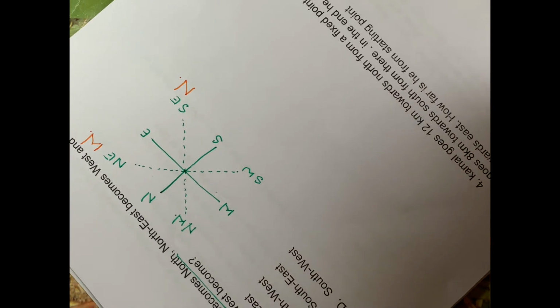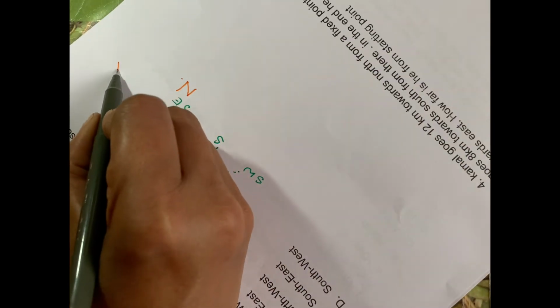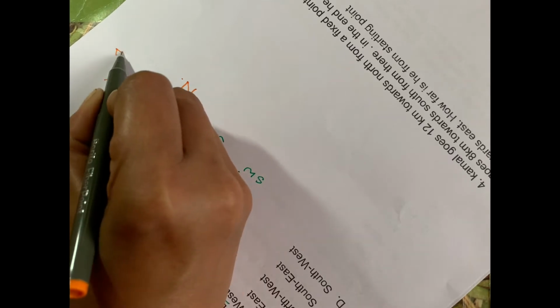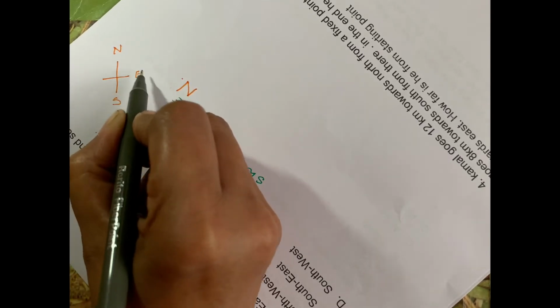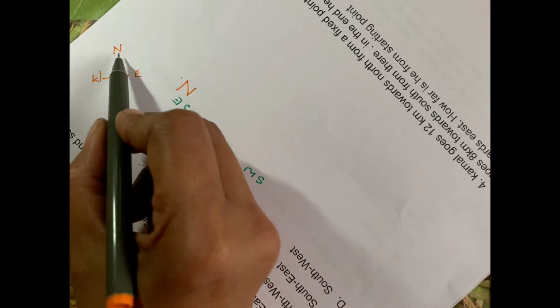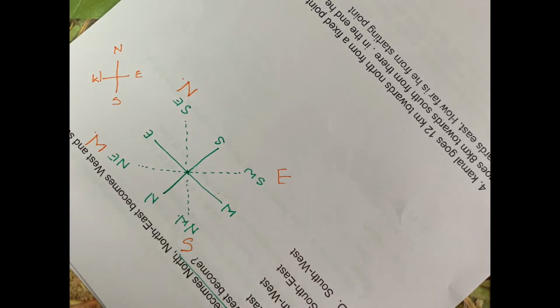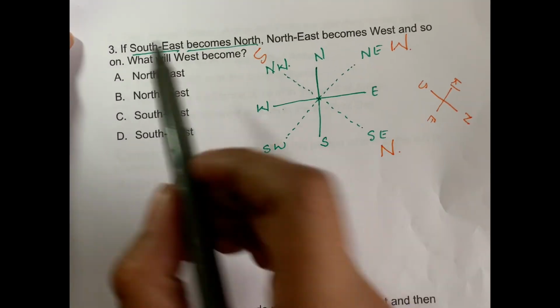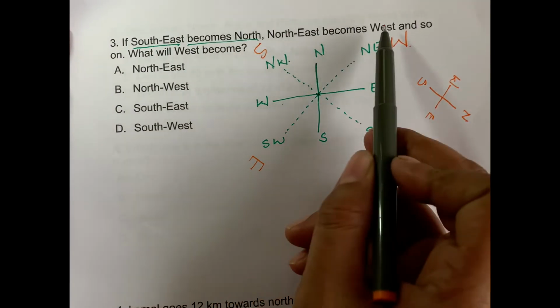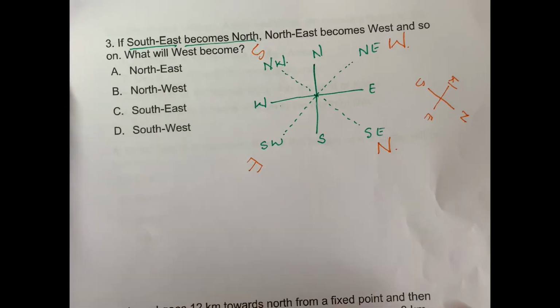Fine. So always north should be at the top. Okay. We have now written it in this way: north, south, east and west. So let's match this. North is here. Then this should be south, isn't it? Then definitely this should be east and this is west. Now, what they have asked in the question is, if southeast becomes north, northeast becomes west and so on, what will west become?